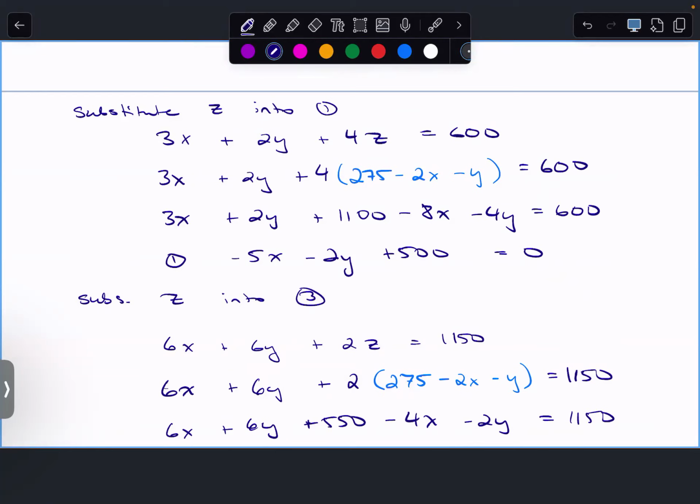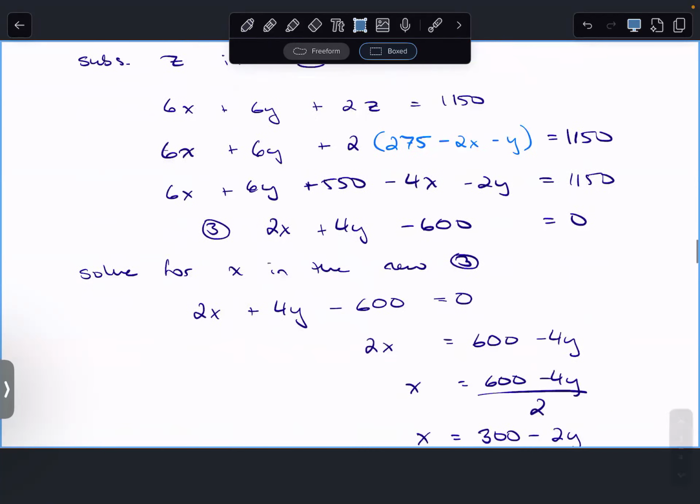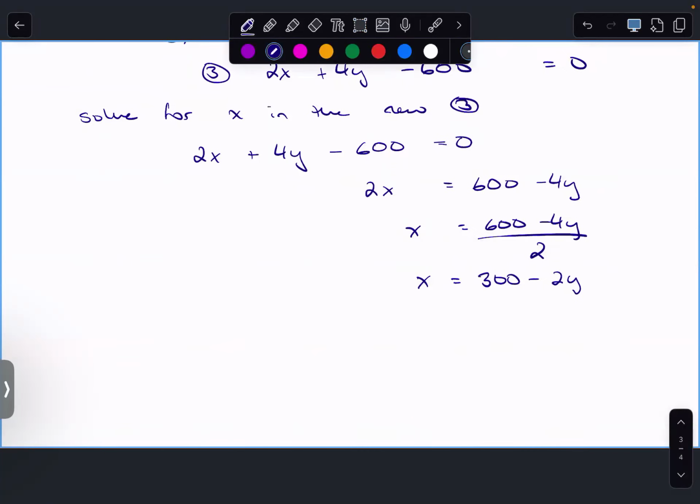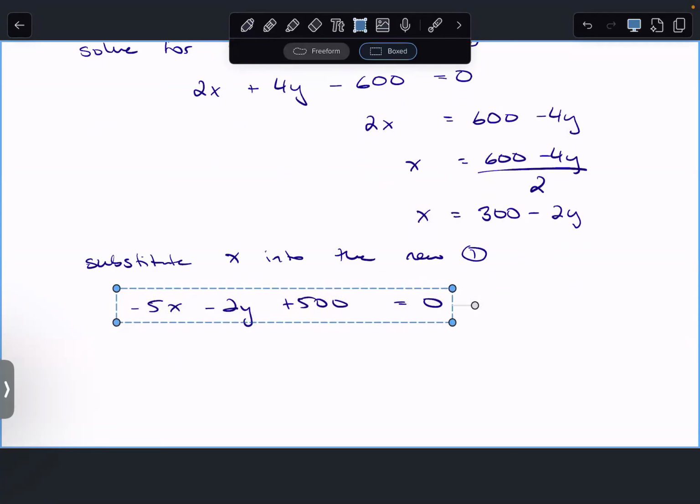We didn't do anything to the second equation, so I'm going to leave that one alone for a little bit. But I will take this, copy, and now I'm going to substitute x into the new first equation, which was this.